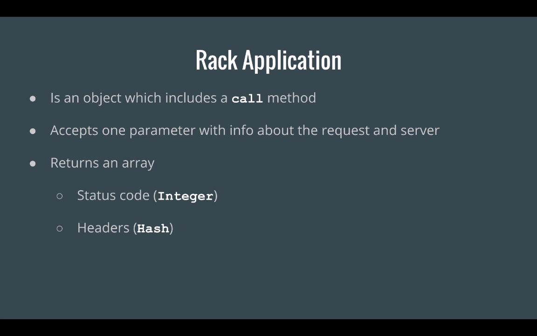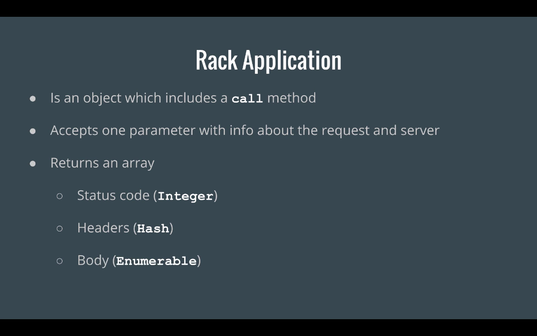The second element is a hash. Now this contains your response headers. It can contain whatever response headers you want. It doesn't have to be one that fits any particular standard. But the one requirement in there is that you have to include a content type, otherwise it won't function properly. And the final element is an enumerable.